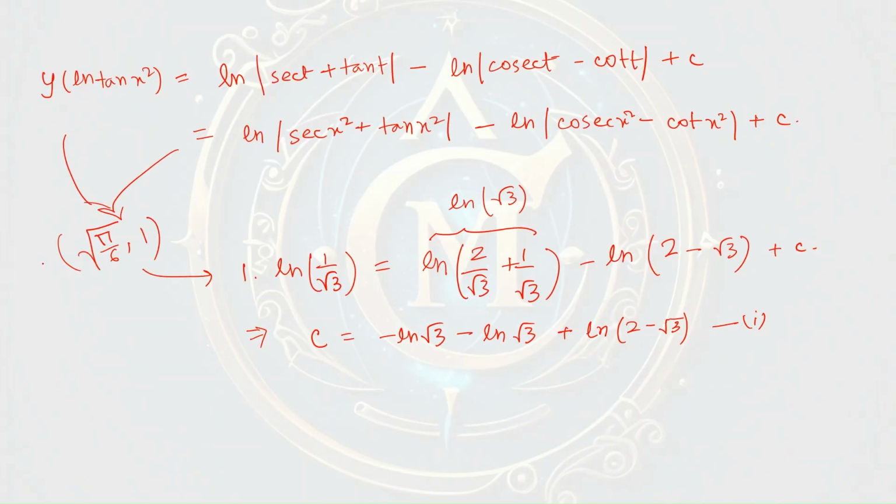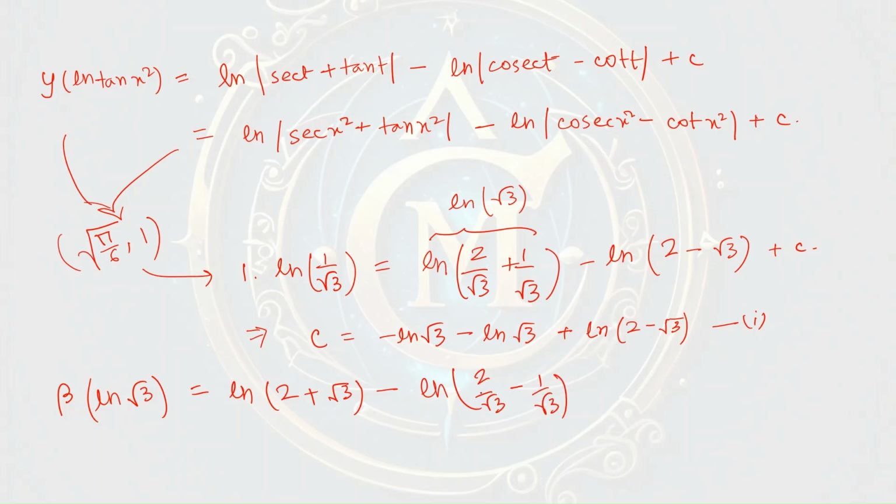So if we substitute y equal to beta, then beta times log of tan of pi by 3, which is root 3, is equal to log of sec of pi by 3, so log of 2, then tan of pi by 3 is root 3, minus, this modulus can be replaced with simple brackets, and then this becomes log of cosecant of pi by 3, which is log of 2 by root 3, minus cot of pi by 3 is 1 by root 3, and plus c.